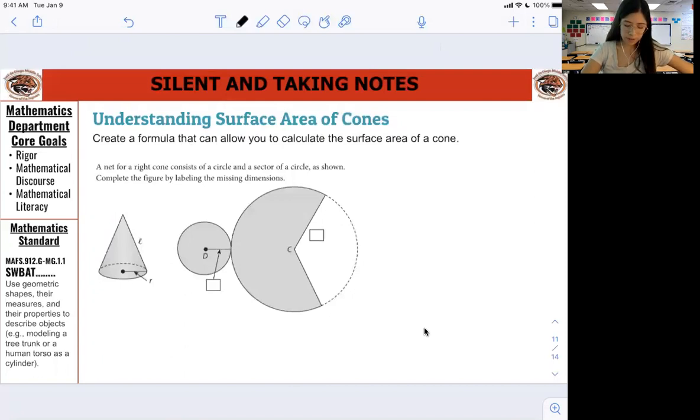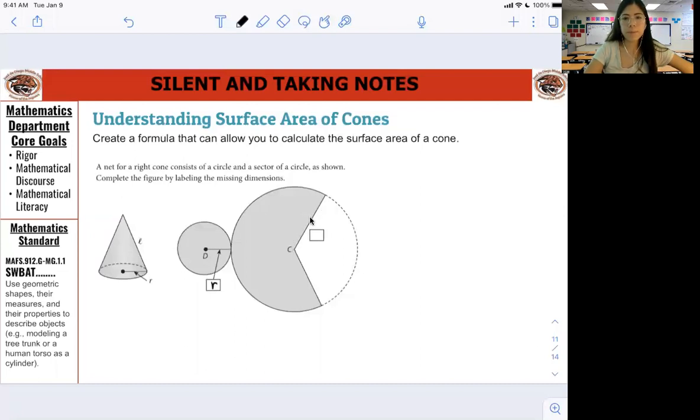So first off, there's little boxes here because they want us to fill these in. So what is this one pointing at? What are we pointing at here? Anyone? Okay, that's R. What about this one over here?